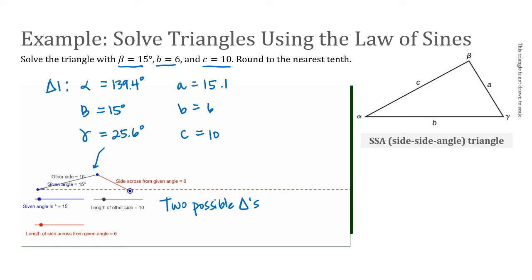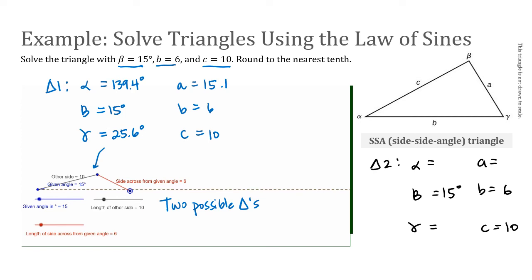Okay, triangle 2. Triangle 2, we still had an alpha, we still had a beta, and we still had a gamma. And we still had sides across from them, A, B, and C. Angle beta was 15 degrees, side B was 6, and side C was 10.